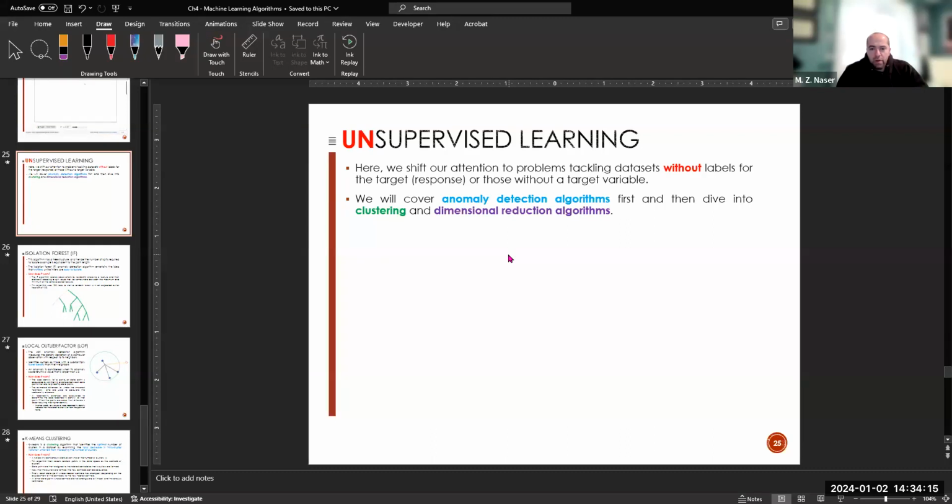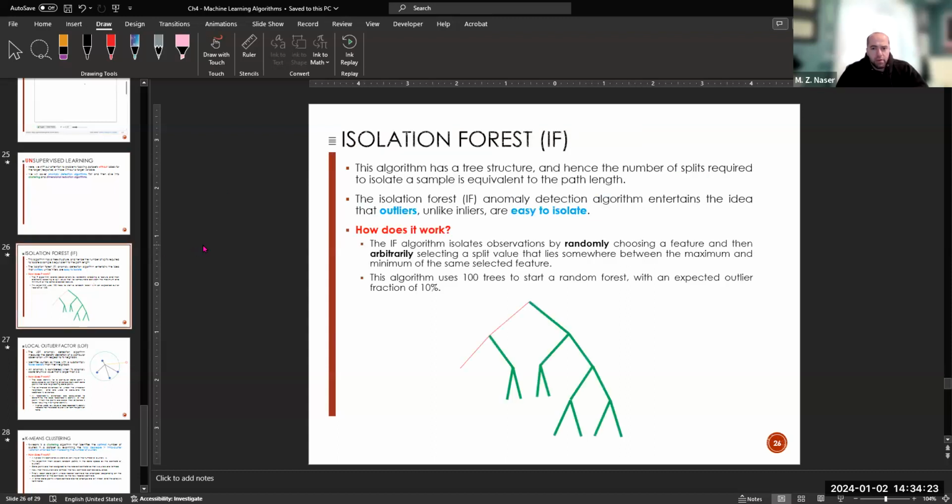So remember, unsupervised is where we have inputs and the outputs are not labeled. So this is what unsupervised is. The easiest one is isolation forest. It's basically a tree-like model, and it identifies anomalies by a short path. If a path is short, it's an anomaly because it doesn't grow as much as the other ones, because usually you can think of trees as continuing to grow.